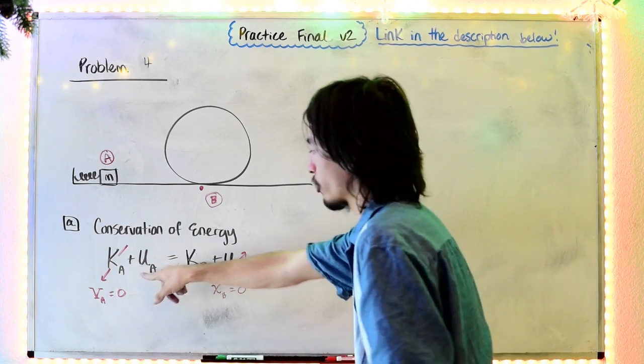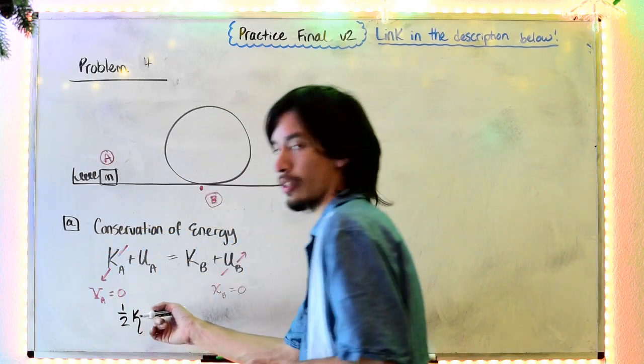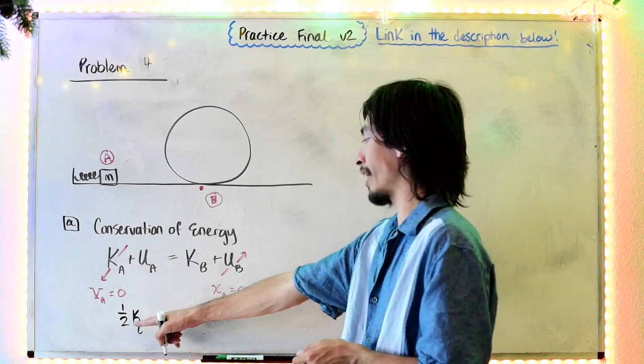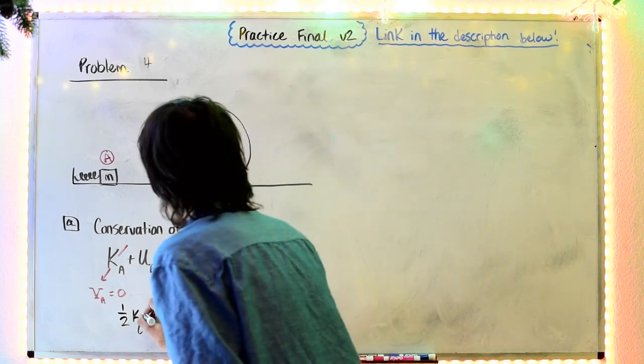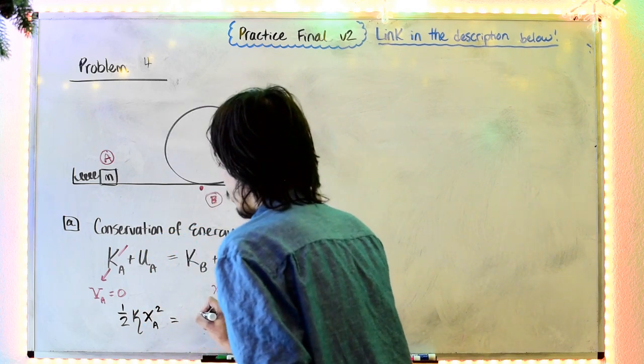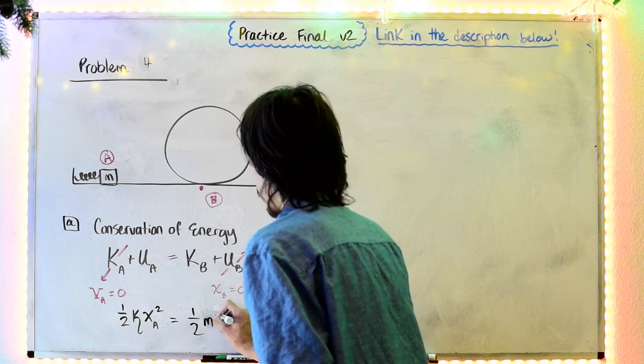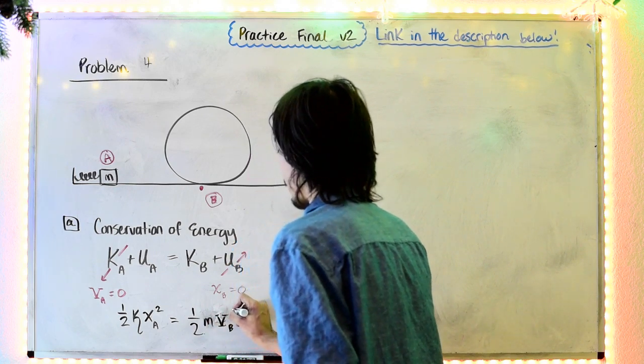So we have the initial potential energy in the spring, which is 1/2 K, the spring constant K, times the compression X squared, equal to the kinetic energy, which is 1/2 M V final, which is VB squared.